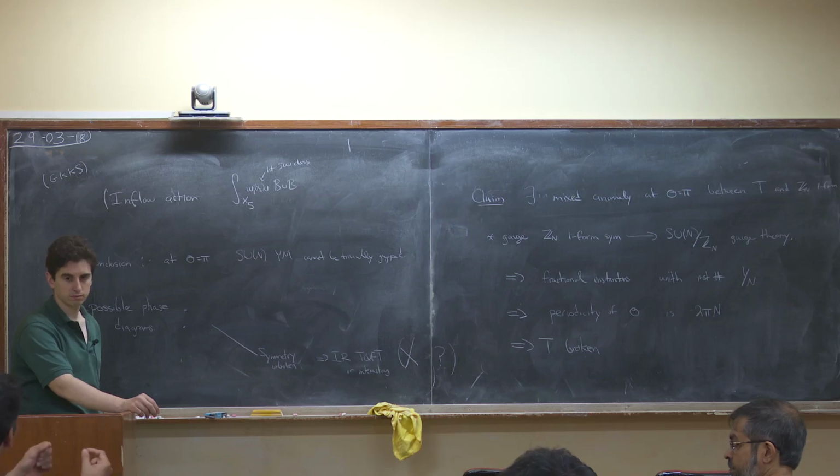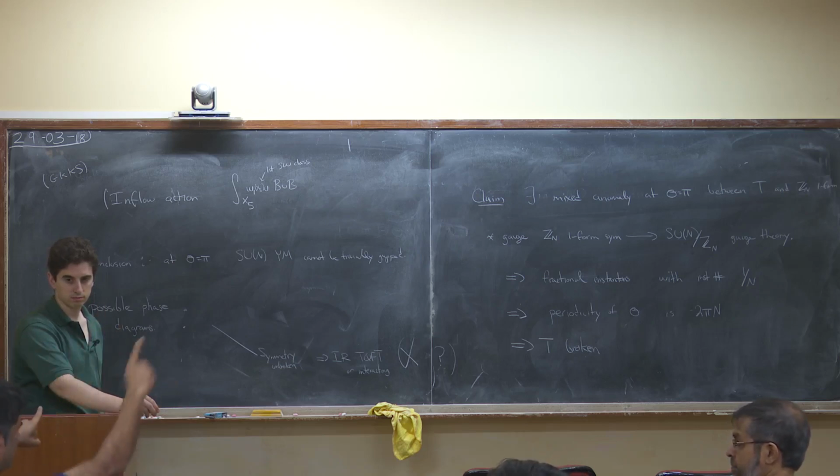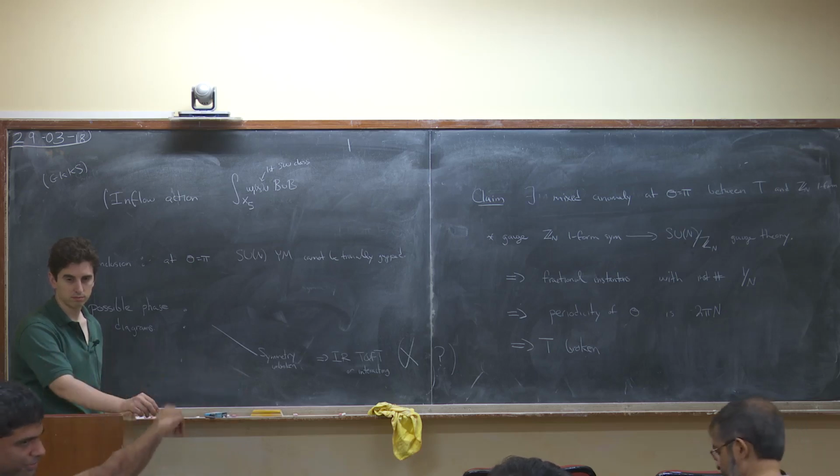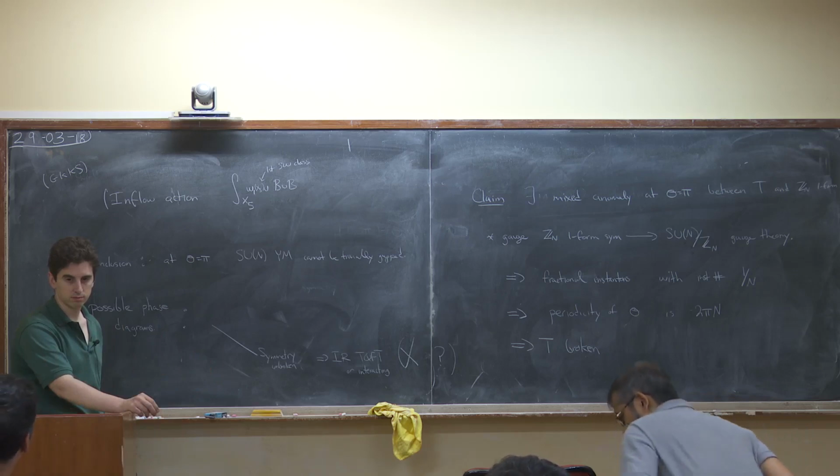His resolution was to say, suppose what's happening is that you've got some multi-valued function. Your potential in terms of theta is a bunch of potentials that look like this.